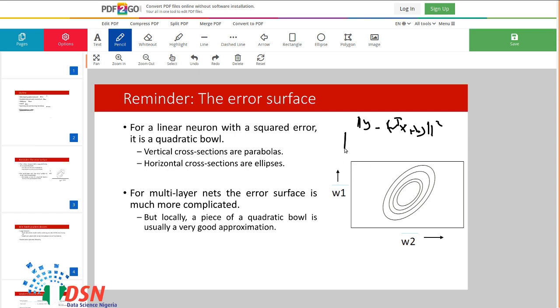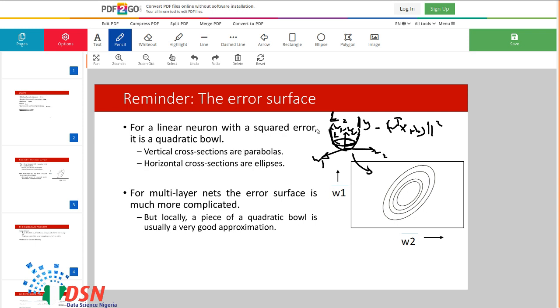In other words, if you plot the loss function as a function of the parameters W1 and W2, you probably have something like this. It is actually a 3D thing, and if you plot the contour for this graph, you have something like these quadratic bowl contours.